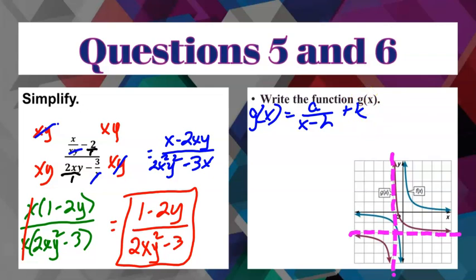So I'm going to plug those numbers in, and then I'm going to choose a point that I know is on the purple graph as my coordinates to find my a.